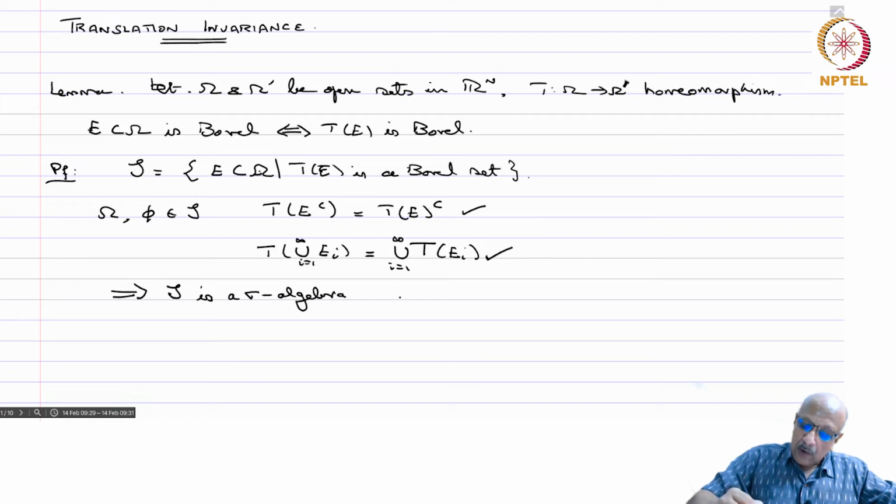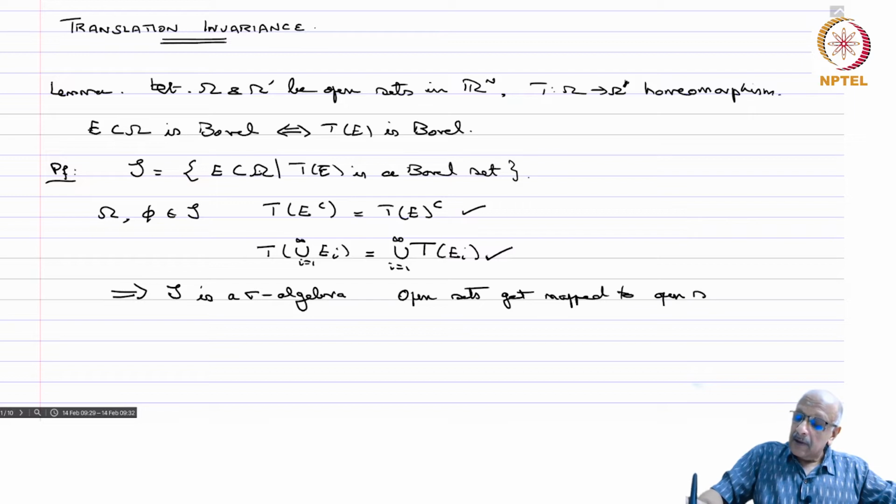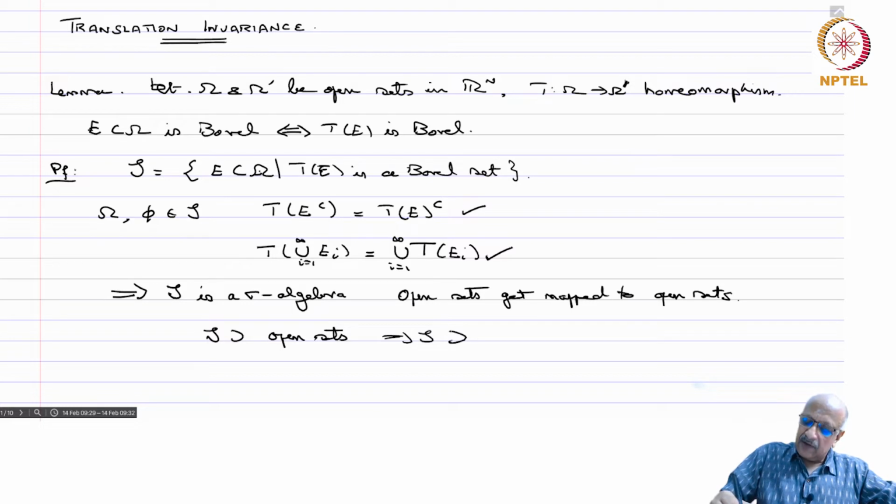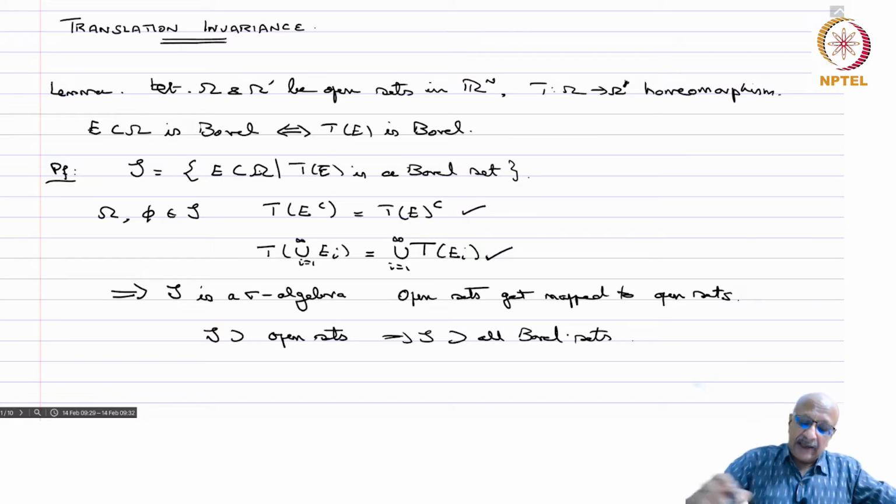And now open sets get mapped to open sets because T is a homeomorphism, and therefore S contains all open sets, which implies S contains all Borel sets. So given any Borel set E, TE is a Borel set.